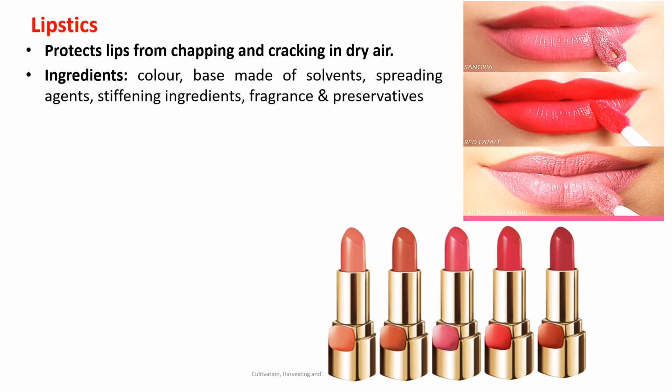Sometimes the sticks may contain fragrance, and usually a preservative is added in order to maintain the color of the stick and prevent the contents of the lipsticks from getting peroxidized.